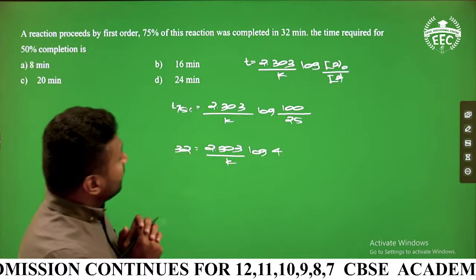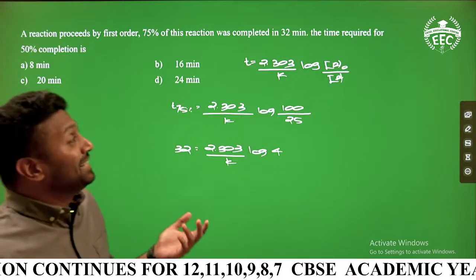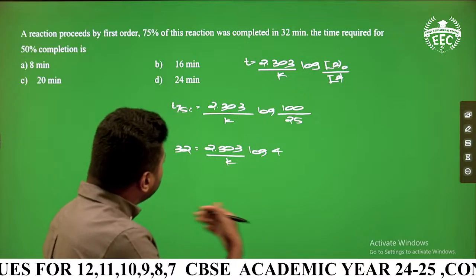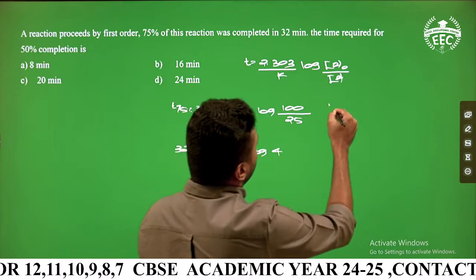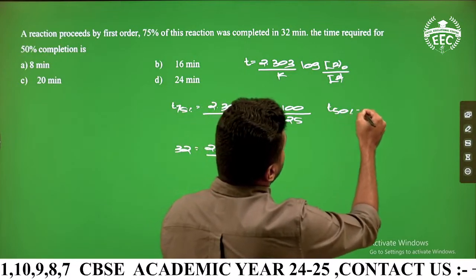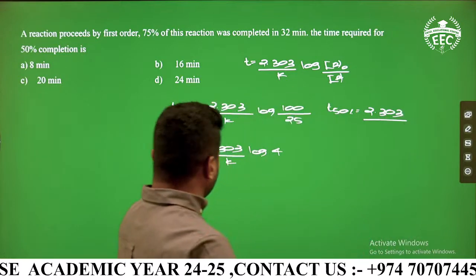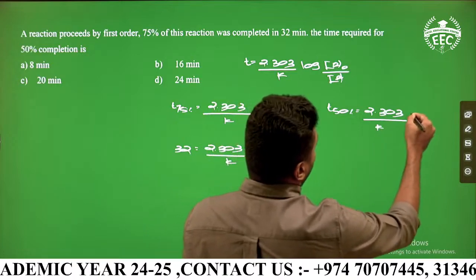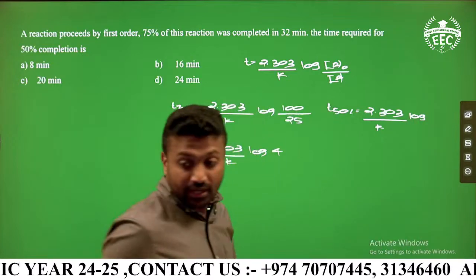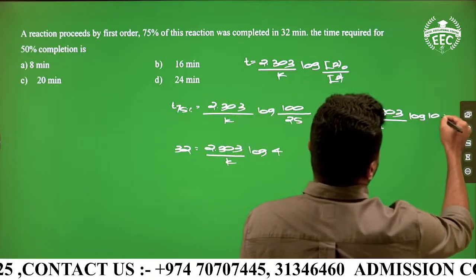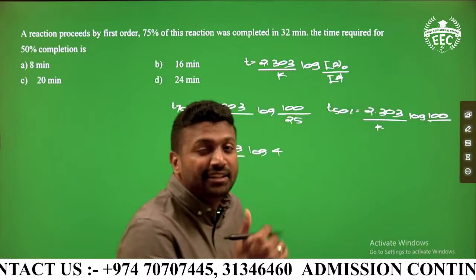Actually, the question is what? Time required for 50%. Apply the same formula. How will we get the time required for 50%, children? Formula 2.303 by k. K, nothing mentioned, keep it k itself, fine. And log of R0 by R. R0 for a percentage question will be 100 divided by R, the concentration of the remaining reactant.